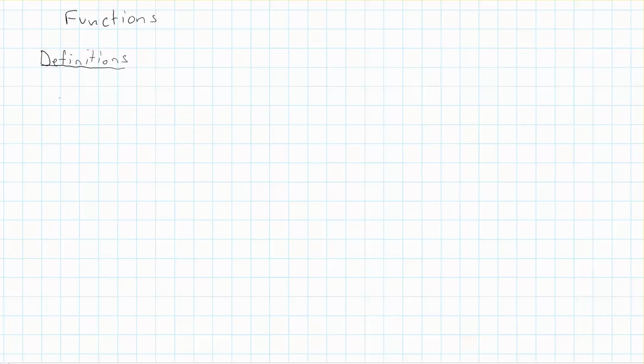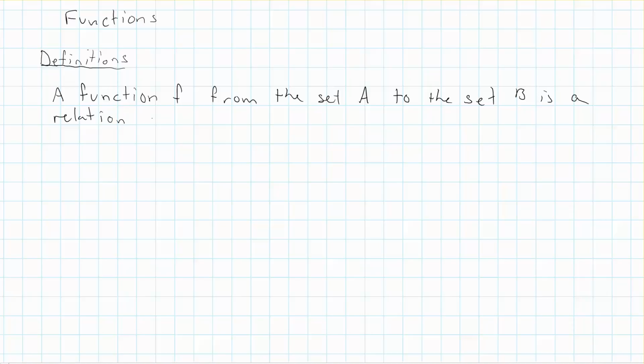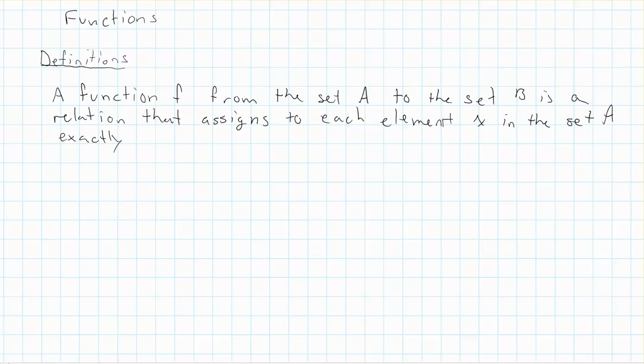So a function f from the set A to the set B is a relation that assigns to each element x in the set A. Now this is what's important here, exactly 1.